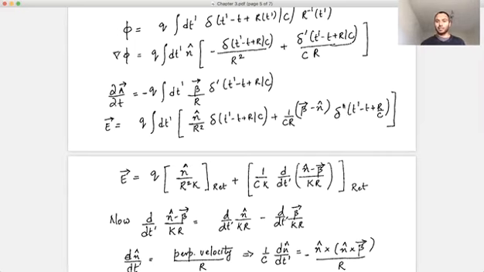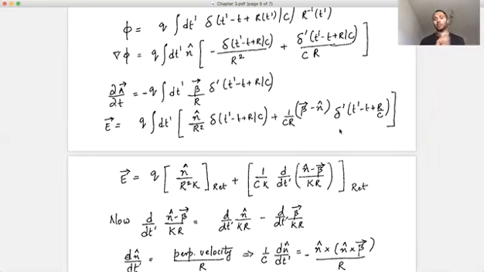So in this case, it's a derivative with respect to this argument. And again, I'm going to spare the details here and just go to the final expression. But I just want to tell you how to do these integrals. If you remember, you have a function times a delta function, and you do an integral, you just get the value of the function at some point. That point being the point where the argument of the delta function goes to 0.